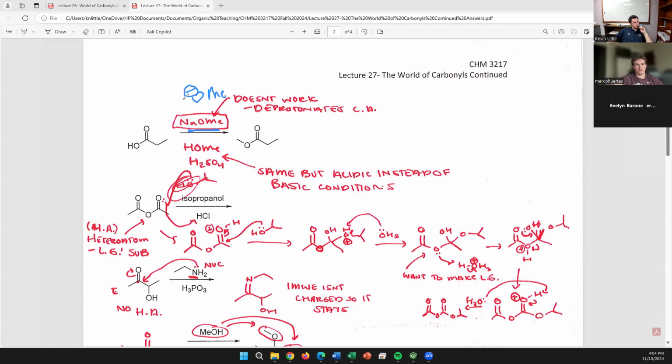It would normally attack the carbonyl, except this isn't a normal carbonyl. It's a carboxylic acid and a base. In basic conditions a base wouldn't act like a nucleophile. It would act like a base and take the proton. So we'd never get addition into this carbon. That's why I say acidic conditions are safer, because you don't have to worry about deprotonating a carboxylic acid. If you deprotonate a carboxylic acid, you're done. It's over.